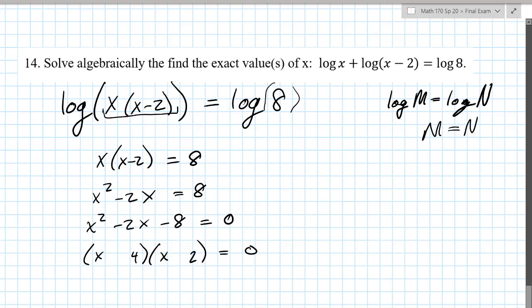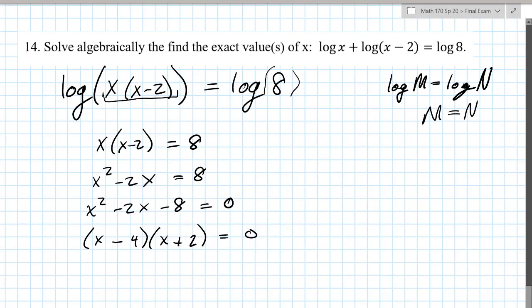Since it's a negative 2, I'm going to put a negative on the 4 and a positive on the 2. Now, negative 4 times positive 2 gives a negative 8, but when I do the inner terms and the outer terms, I have a negative 4x and a positive 2x, which combine to give me the negative 2. So my factoring is good.